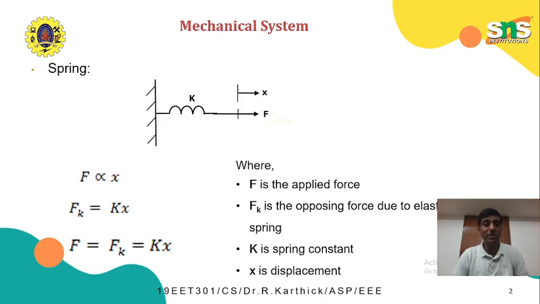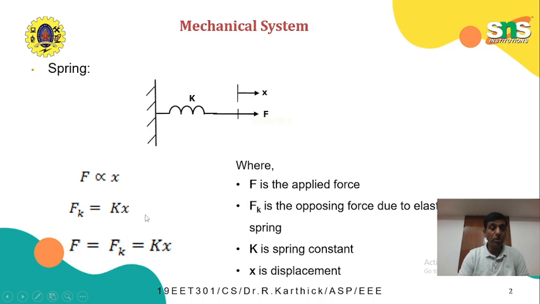The second one is similar, that's nothing but the spring, which is represented by K, and again when a force F is applied, the spring elongates and it moves a displacement x. Here again force is directly proportional to x, and when you equate the proportionality, we get F is equal to K into x.